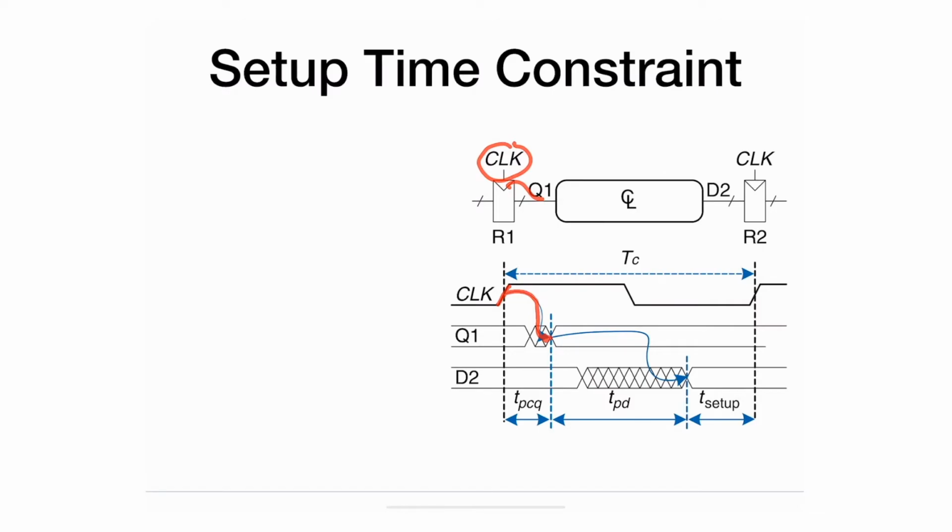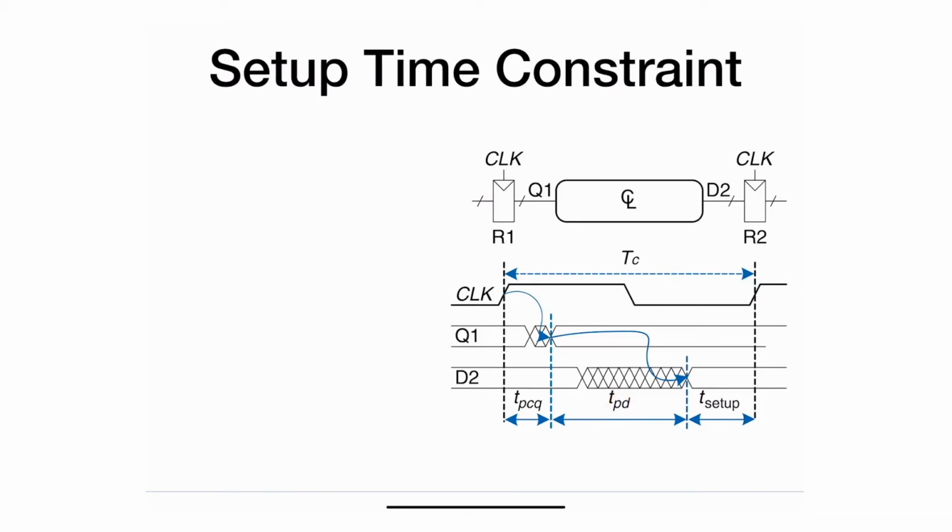So it'll take t_pcq, the propagation delay from clock to Q. And of course that signal is going to go through the combinational circuit here, where I'm also considering the worst case scenario, which is the propagation delay of the combinational logic.